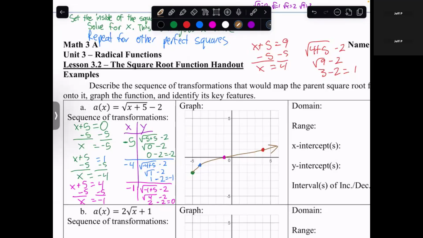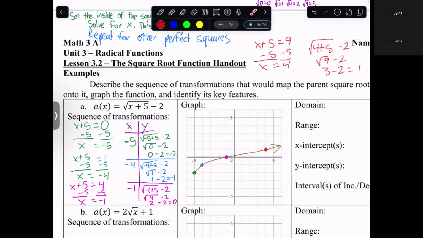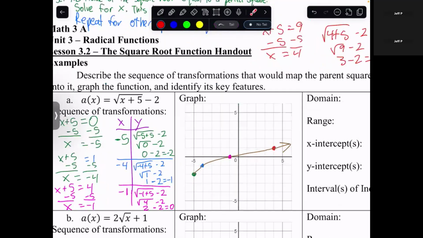Domain, it's no longer 0 to infinity. Here you can go a little bit into the negatives. Even though you can't take the square root of a negative, since you're adding 5 to x, x can be as low as -5 and still not be negative afterwards.